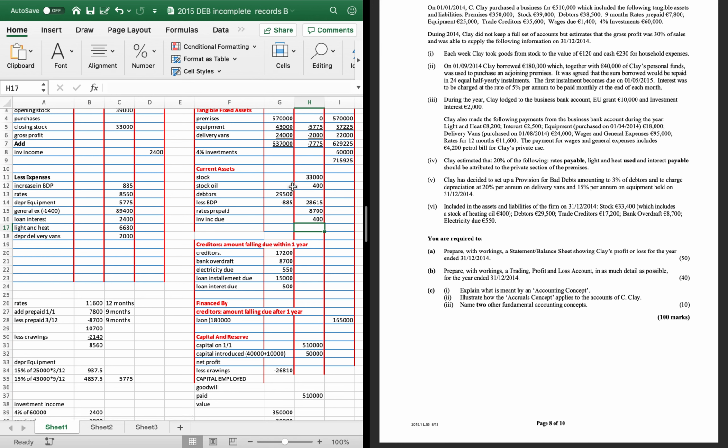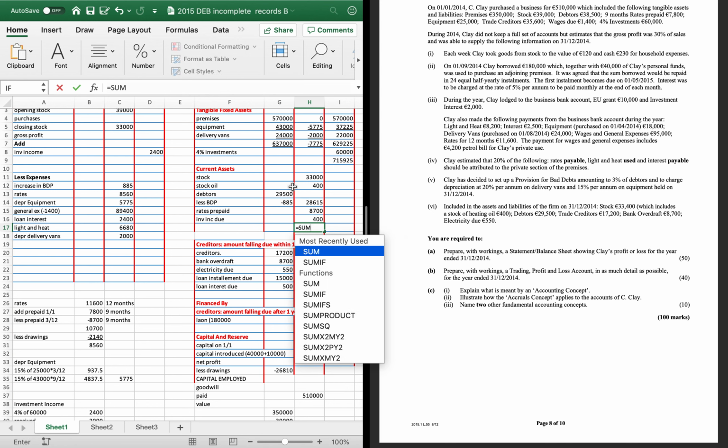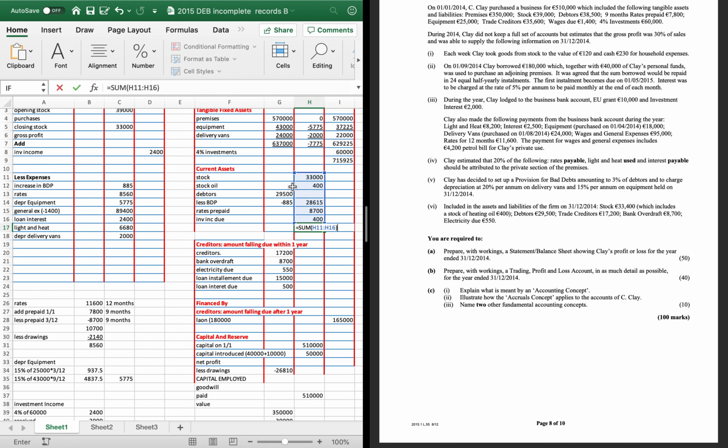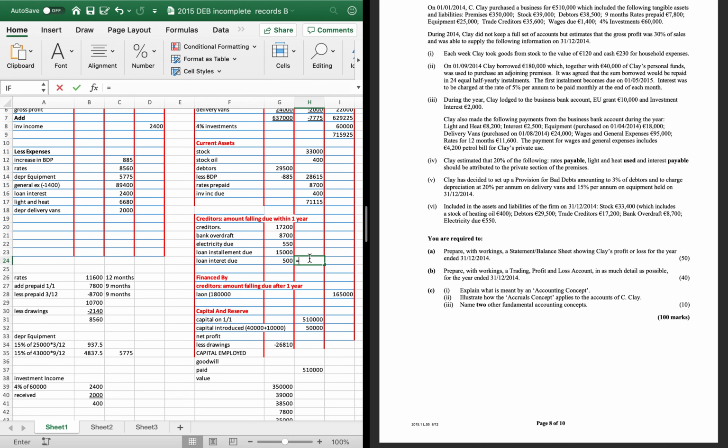I've got my current assets in, so I'll add them up. We get 71,115. My current liabilities 41,950, which we'll take away from each other. That's 29,165, and we'll add that on to our fixed assets to get 745,090. Now I'm going to take that 745,090 and I'm going to put it down in my capital employed.